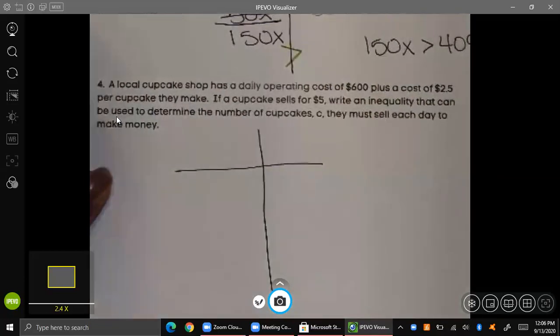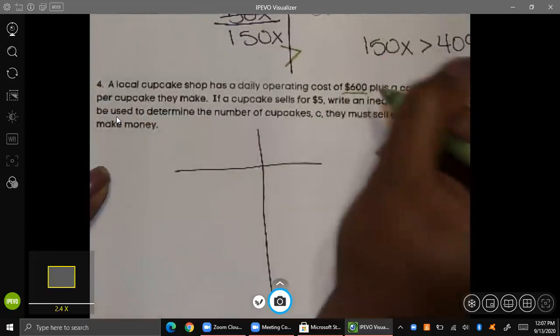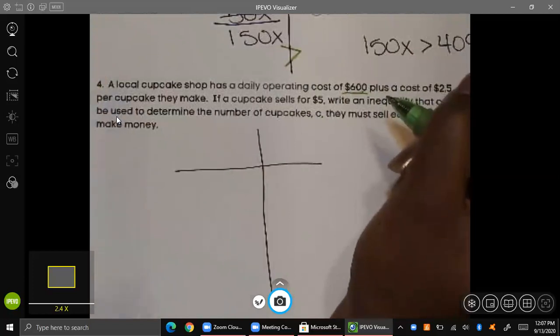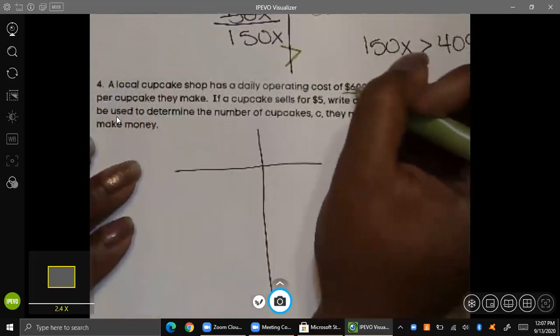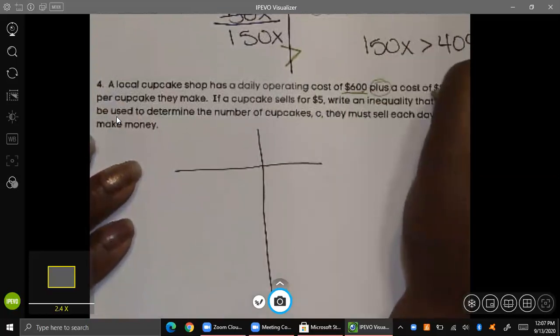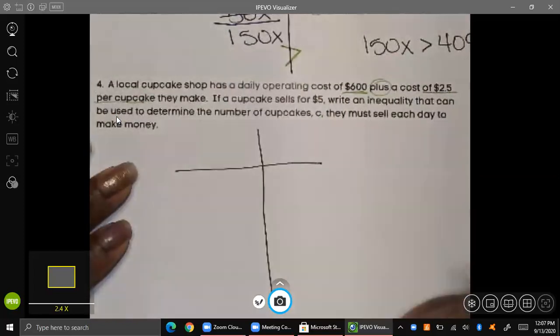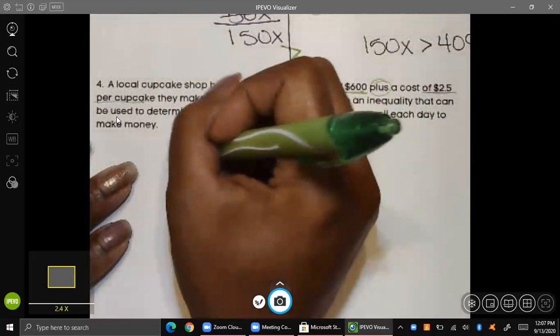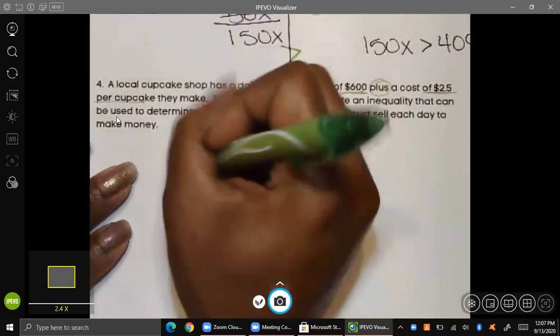So to make cupcakes, they have to pay $600, probably for their building, their electricity, utilities, different things like that. So they're paying $600 for their machines, ovens, all of that. Plus they have to pay $2.50 per cupcake to make it. So on this side, we have making cupcakes.